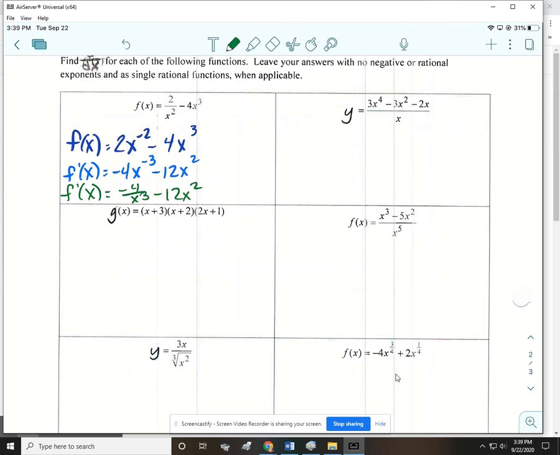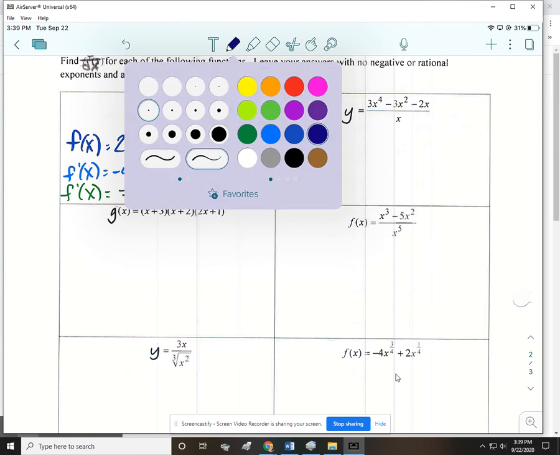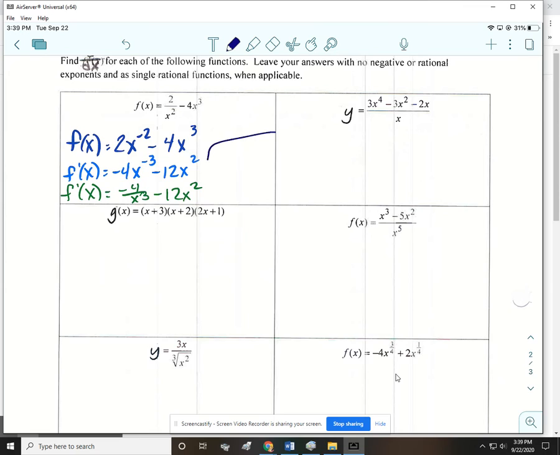Right, and most of the time that's fine. But because the directions are the way they are, they want us to bring that together as one fraction. So this is like over 1, so our common denominator is going to be x cubed. That one would need to be multiplied by an x cubed on top and bottom. So it's going to be negative 4 minus 12x to the 5th.